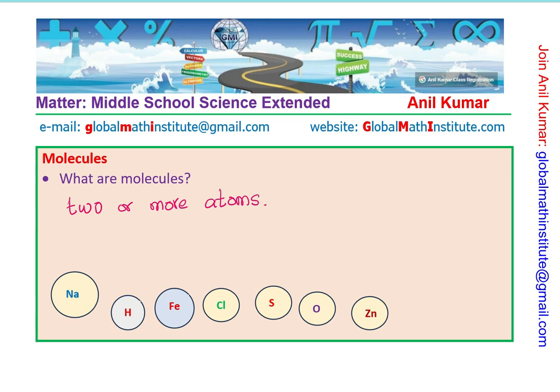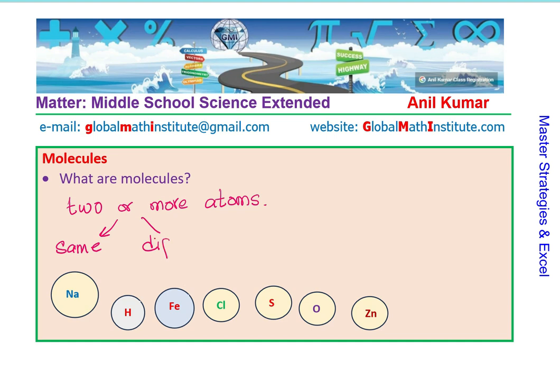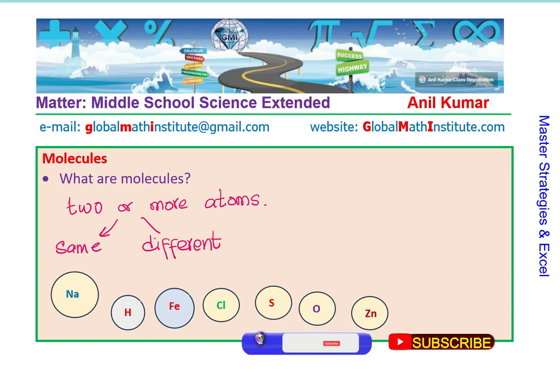Now, when I say two or more, then these atoms could be of same element or different elements, right?